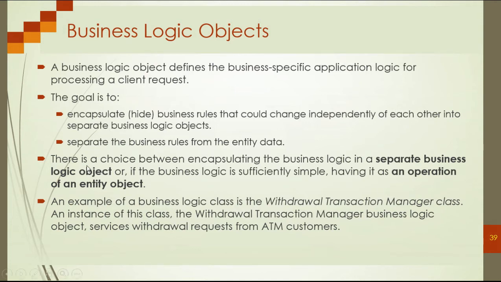One point here is that you have the freedom to choose between creating a separate business logic object, or just creating an operation in your class, because when we have the class, we have the name, we have the variables, and we also have some operations.